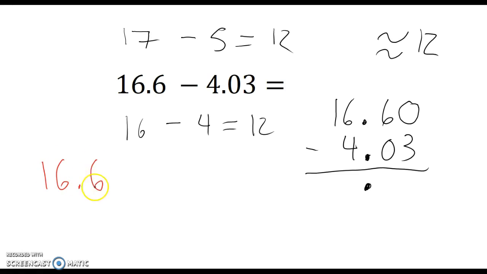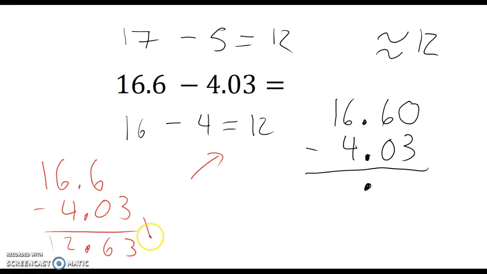They'll line up their decimals perfectly, just like this, and then they'll begin to subtract. And they'll notice that, oh, there's nothing here above my 3, so that means that I must just be rewriting my 3. And then they go, okay, 6 minus 0 is 6, and then 6 minus 4 is 2, 12. And actually, it's pretty close to my estimate, so it must be right. Sorry, it's not.